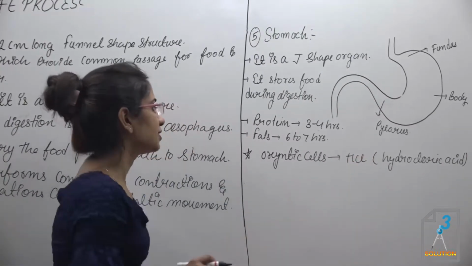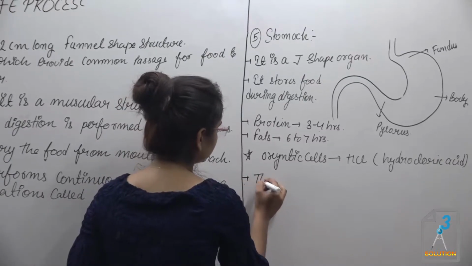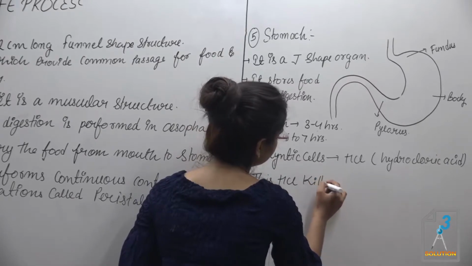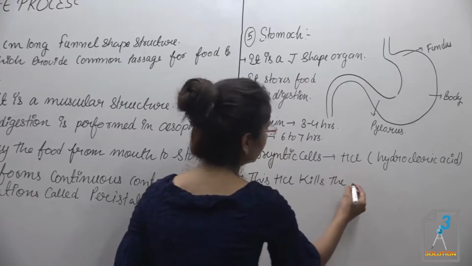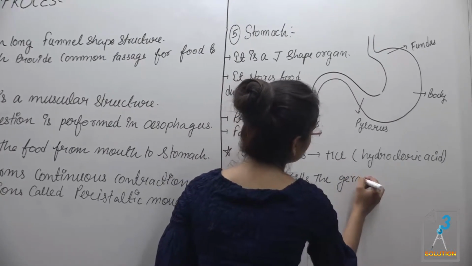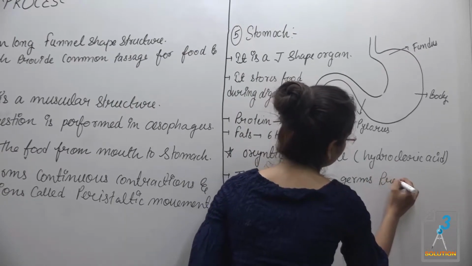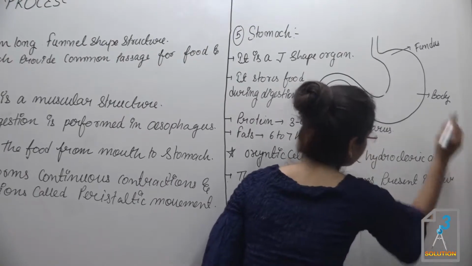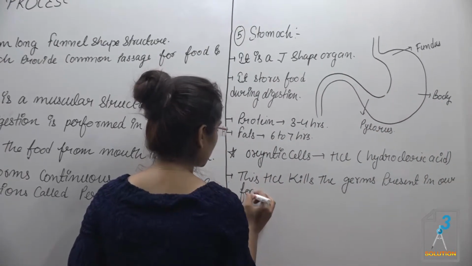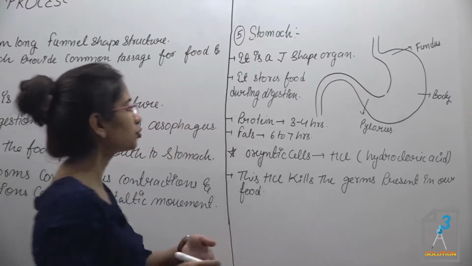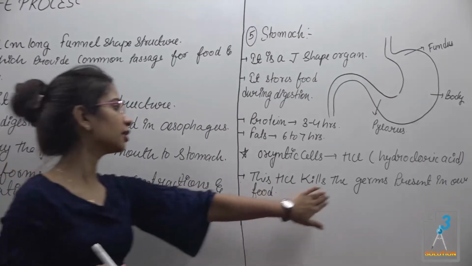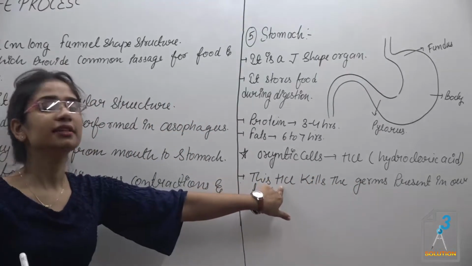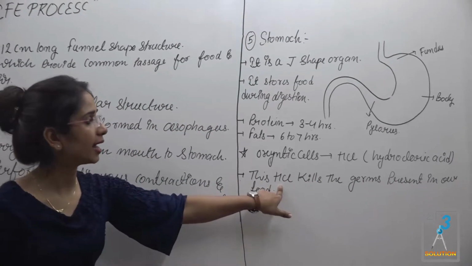This HCl kills the germs present in our food. Obviously, if you are eating different types of food items, they will contain a lot of germs, and those germs are killed by the HCl, the hydrochloric acid.